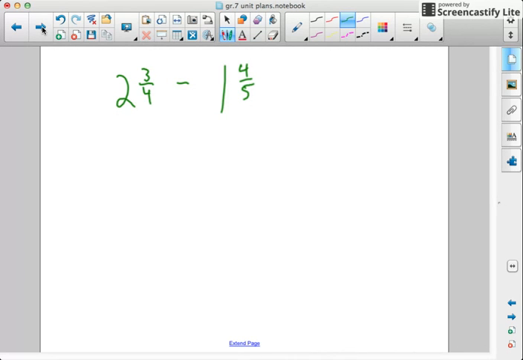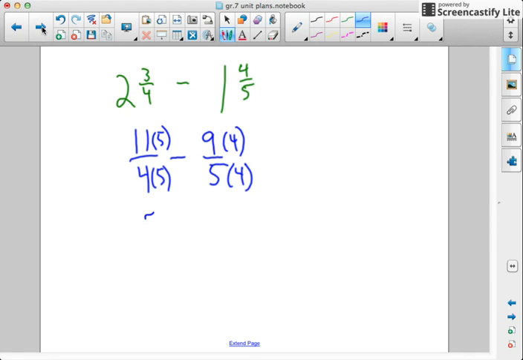We need to convert these to improper fractions. So 4 times 2 is 8, plus 3 is 11. 11 quarters minus, this would be 9 fifths. Common denominator would be 20, so times this one by 5, this one times 4.